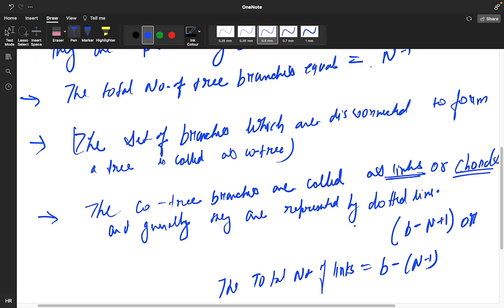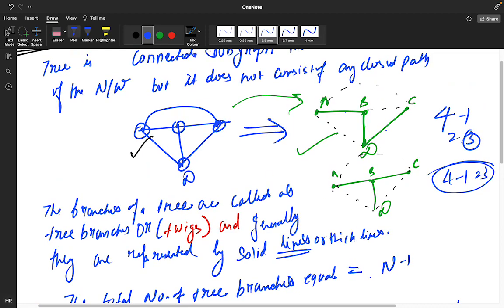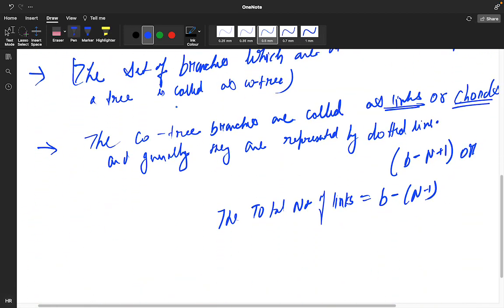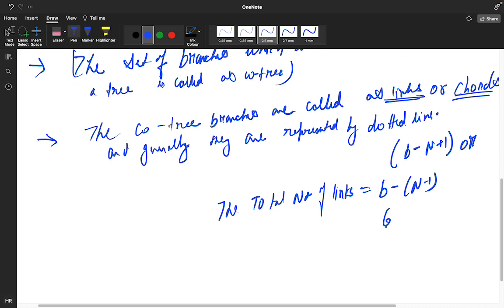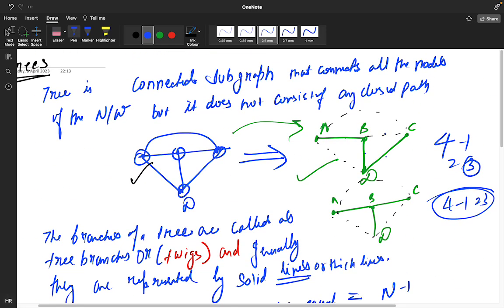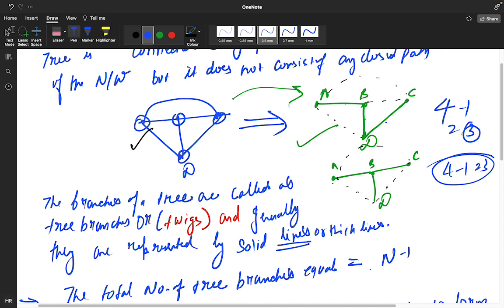So here how many branches are there? Total number of branches: 1 branch, 2 branch, 3 branch, 4 branch, 5 branch, 6 branch. So we will put 6 minus nodes 4 plus 1. So how many links are you getting? 6 minus 3, that is 3. So see, 1, 2, 3, 1, 2, 3.